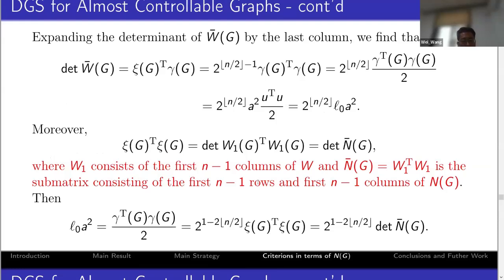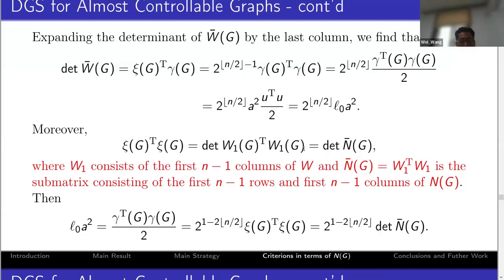So actually, we do some calculations. Let's compute this determinant of bar WG. It is a new matrix obtained from WG by replacing the last column by another vector, gamma G. So we expand the determinant of bar WG by the last column, then we can obtain these equations. This is very simple, I think.